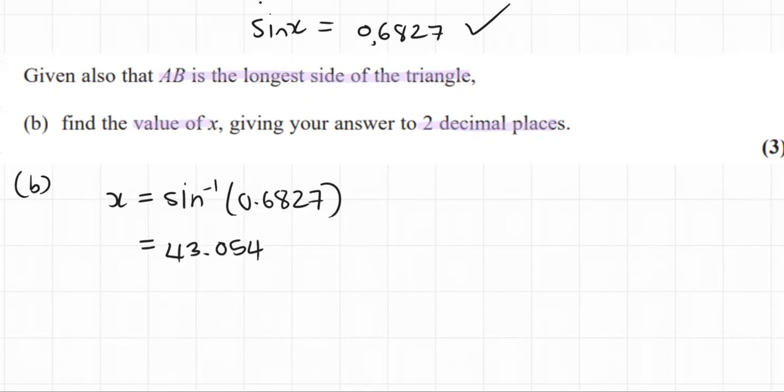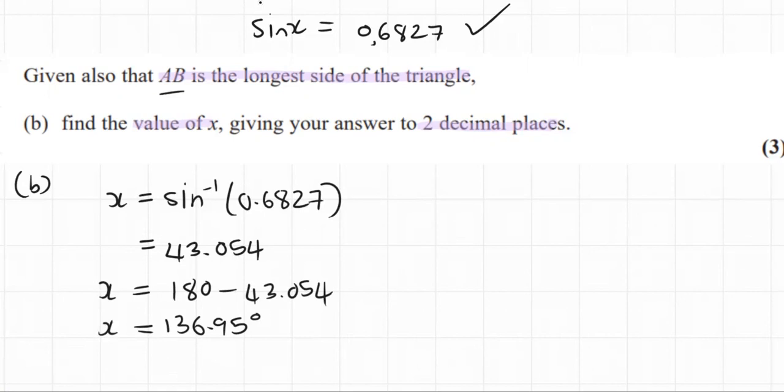And we know now that this is the acute angle. We want the obtuse one. So x is also equal to 180 minus the angle we got here, which was 43.054. And that's 136.95 is our angle of x when we take into account that AB must be the longest side. And that's part B in question 2. Good.